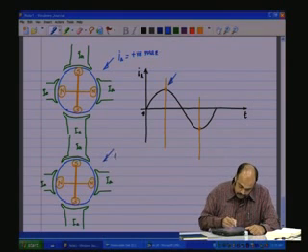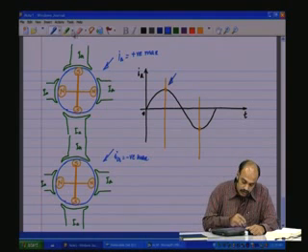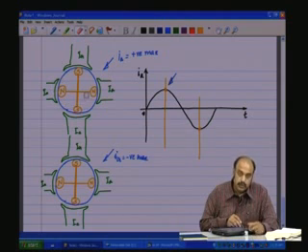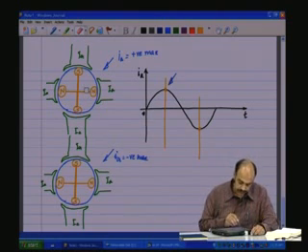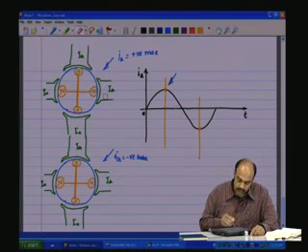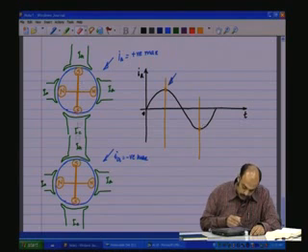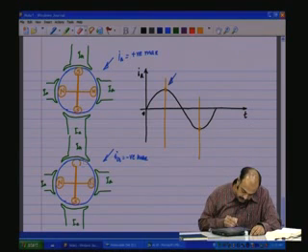Now you have IA is negative max. So between the positive max and the negative max, there should be a 180 degree, that is, the north and south pole should interchange. So here we have the north, north, south, south. So that is at the positive max. At the negative max, north and south pole should interchange. So we shall interchange the north and the south poles.